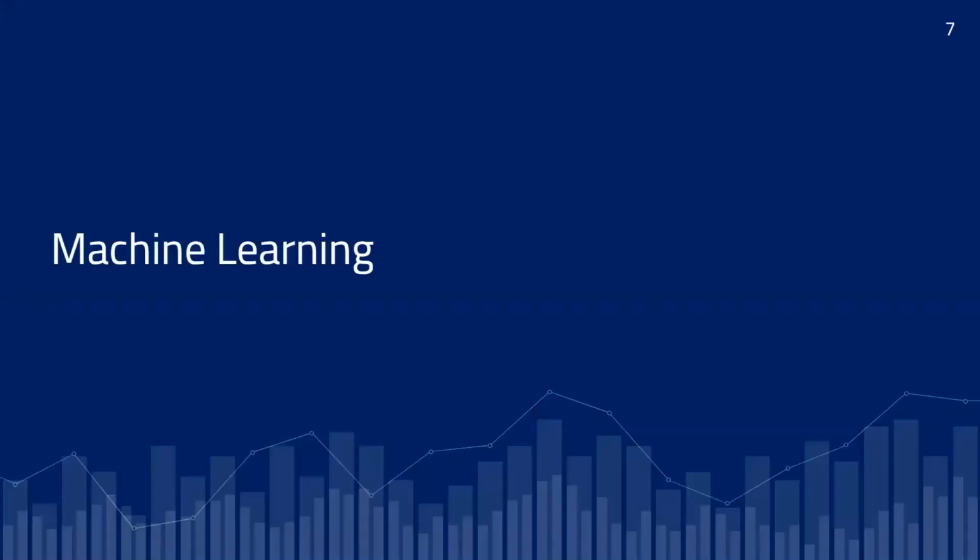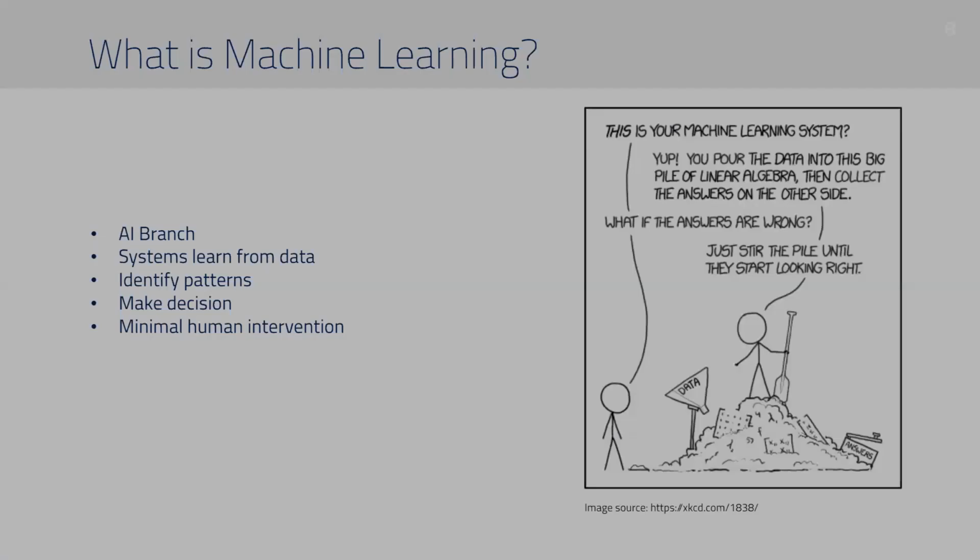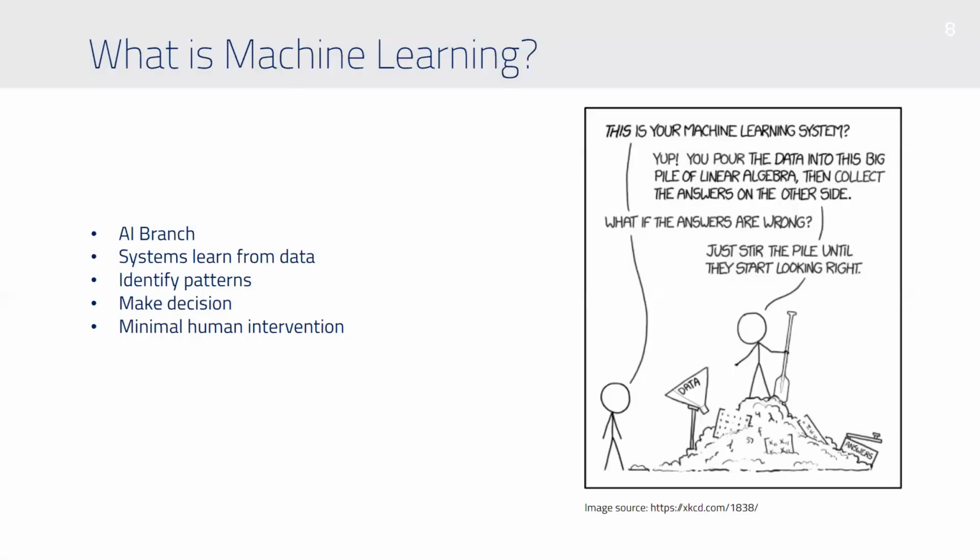So let's focus on the first part, which is machine learning. What is machine learning? It is an artificial intelligence branch where a system learns from data to identify patterns and then makes decisions based on these patterns. The idea is to have minimal human intervention in making these models work.